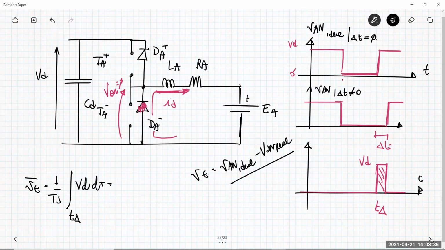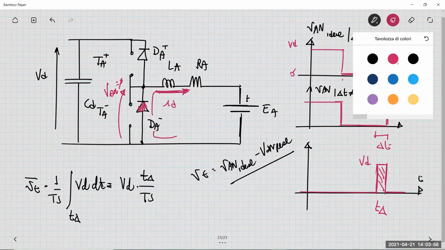And so basically this is the area over TS, this VD multiplied by T delta over TS. Okay, so this is the difference that I have in the average value.